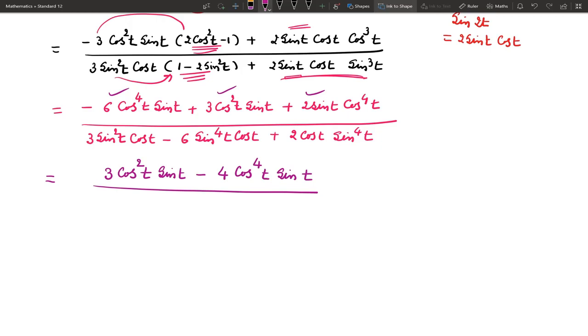Denominator: 3 sin square t cos t, 3 sin square t, minus 6 plus 2, so it will be minus 4 sin raised to 4 t cos t.